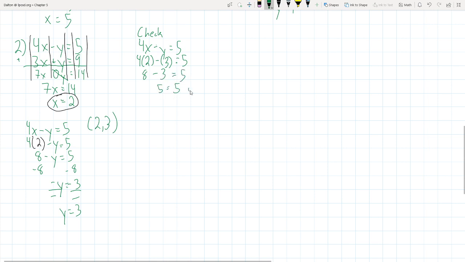Hey, that one works. Awesome. Now let's check the other one. 3x plus y equals 9. 3 times 2 plus 3 equals 9. 3 times 2 is 6. Plus 3 equals 9. 9 equals 9. Awesome. Yes, it works.